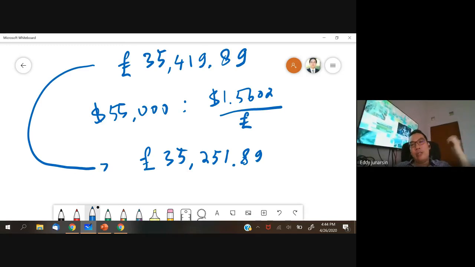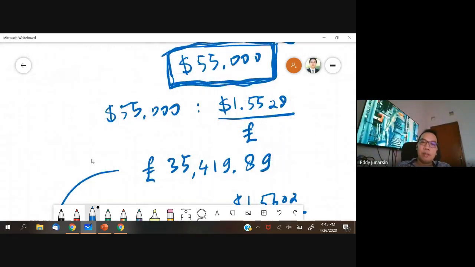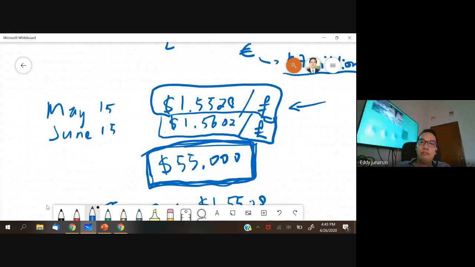So the cost of the Buick in US dollar remains the same, but when we convert its value into UK pound, you see a decrease, right? Because now pound has become more valuable. Pound has increased in value. See, from 155.28 per pound, it has increased to 156.02 per pound.